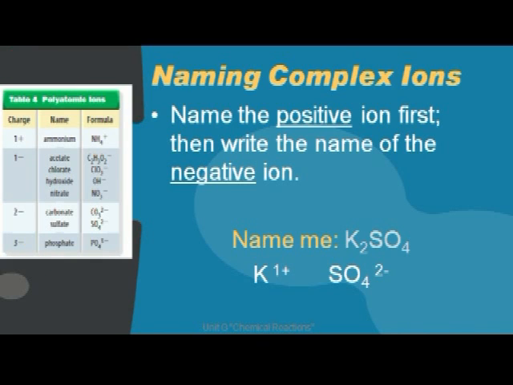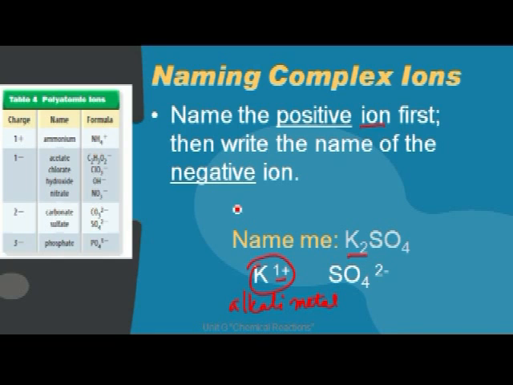So the first thing we need to do is find out what is the first element, which is usually the positive ion. In this case, it is potassium, K. It has an oxidation number of 1+. We know that because it's an alkali metal.